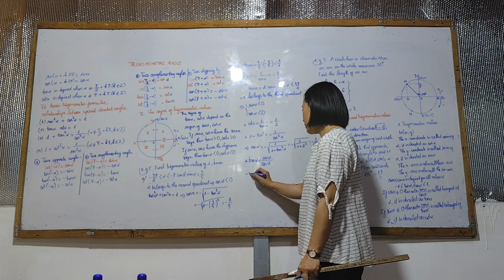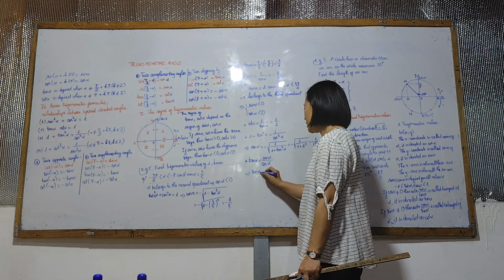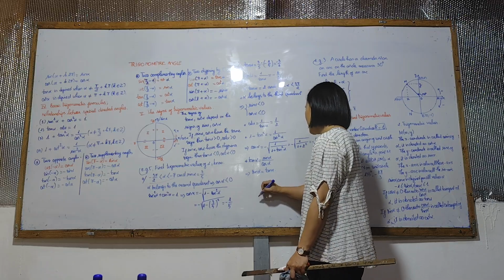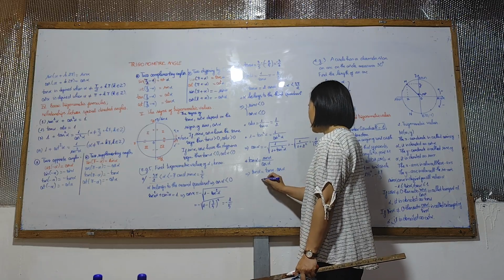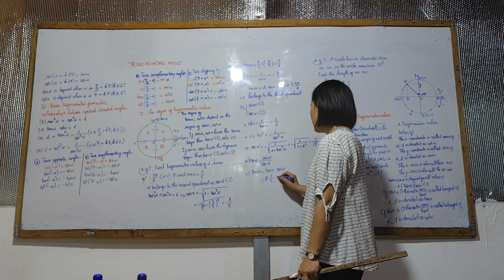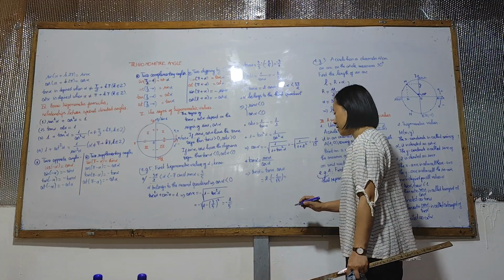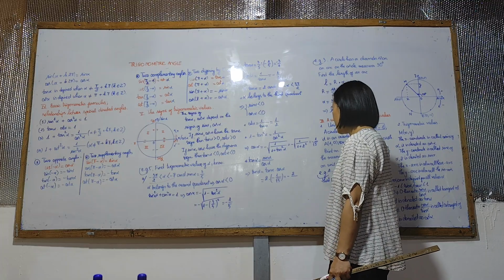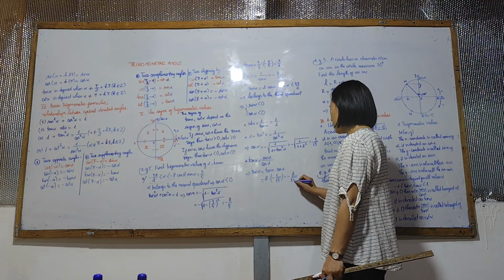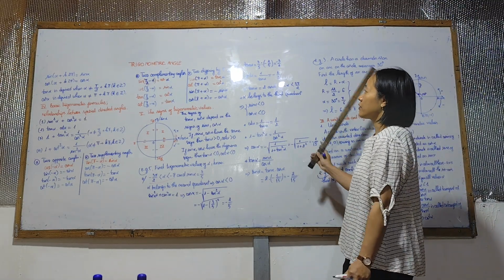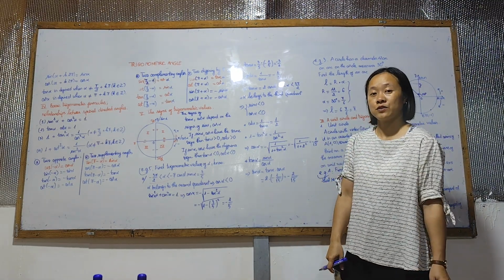Then sine alpha equals tangent alpha multiplied by cosine alpha, equals 2 multiplied by negative 1 over square root of 5, and the result is negative 2 over square root of 5. Yes, and this is all of the content of our lesson today.